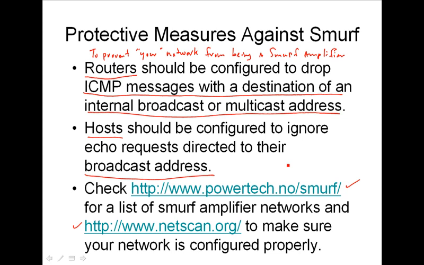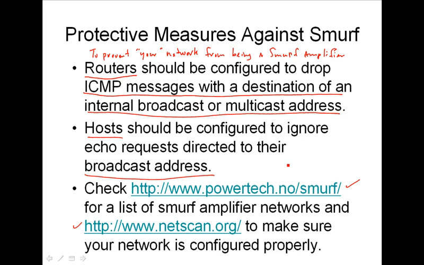Any internal machine that replies to a ping request is obviously up and running. So I recommend that you actually block these coming in to your router from the internet, and this is any kind of ping request, not just these broadcasts or the ping requests that have been directed at the broadcast address.